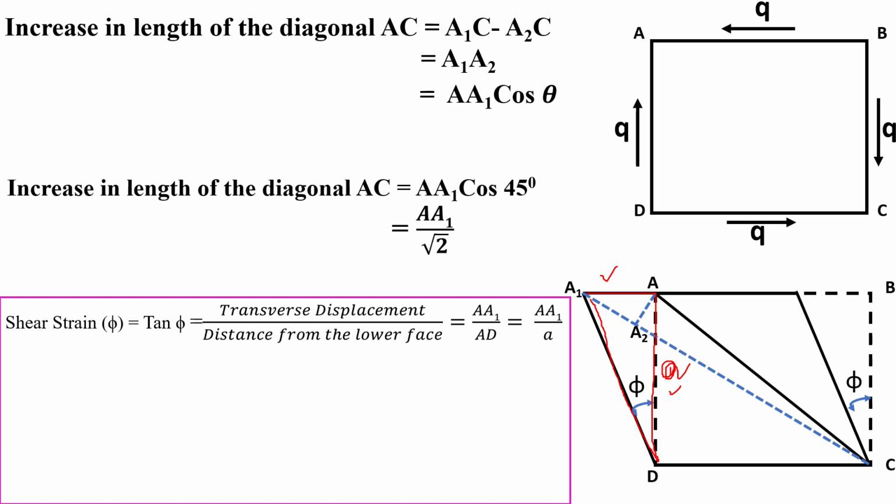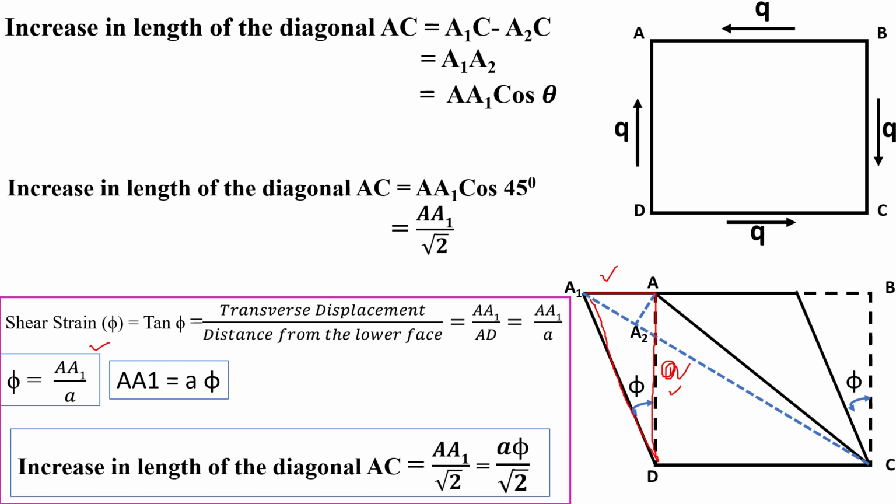Here phi is a very small value, so phi is nearly equal to tan phi. Then shear strain phi equals AA1 divided by a. Now we substitute the AA1 value in the increase in length of the diagonal AC, which is equal to AA1 divided by root 2. We know that phi equals AA1 divided by small a, so AA1 equals a phi. Then the increase in length of the diagonal AC equals a phi divided by root 2.